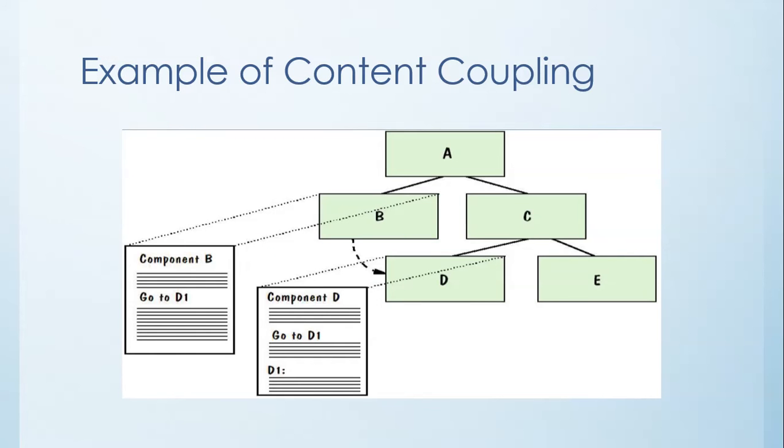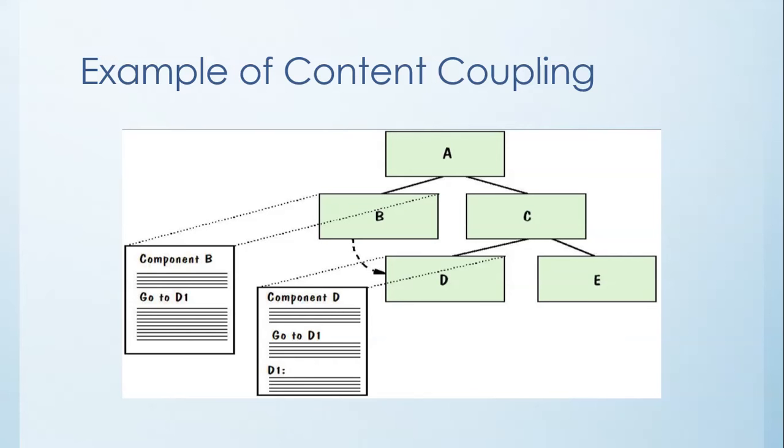So here's an example where we have component A which uses components B and C, but component B actually content couples with component D. A lot of the time this happens when you use go-to statements.